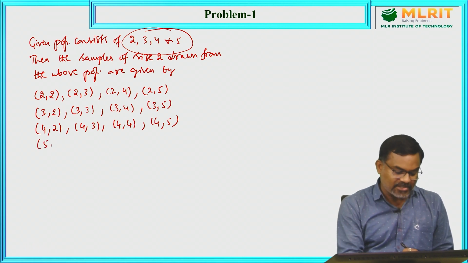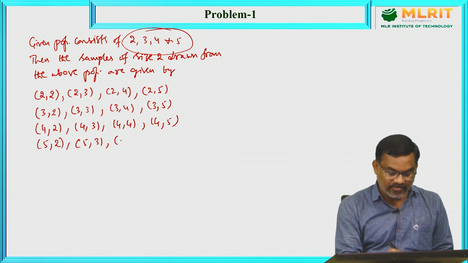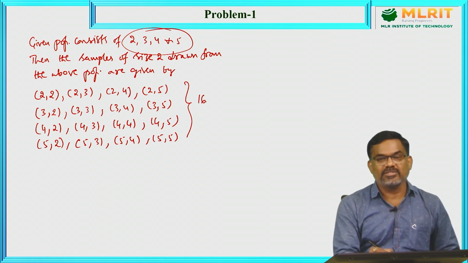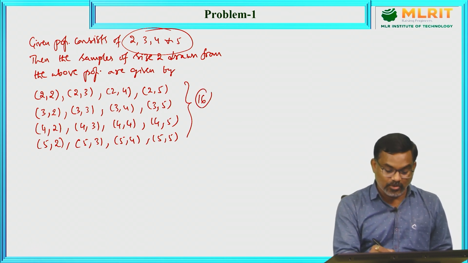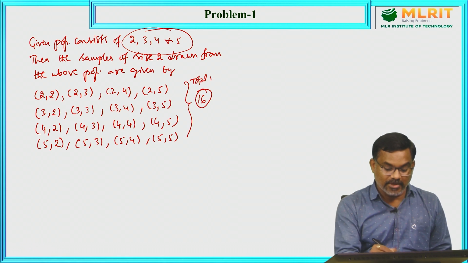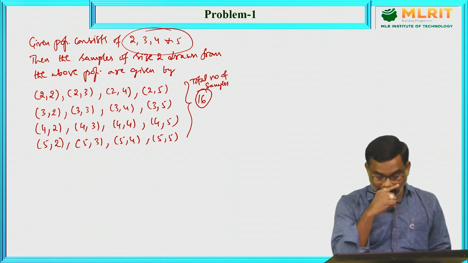Now, fix the first element as 5: 5, 2, 5, 3, 5, 4, 5, 5. So, these are the possible samples of size 2 with replacement. Total number of samples is equal to 16.